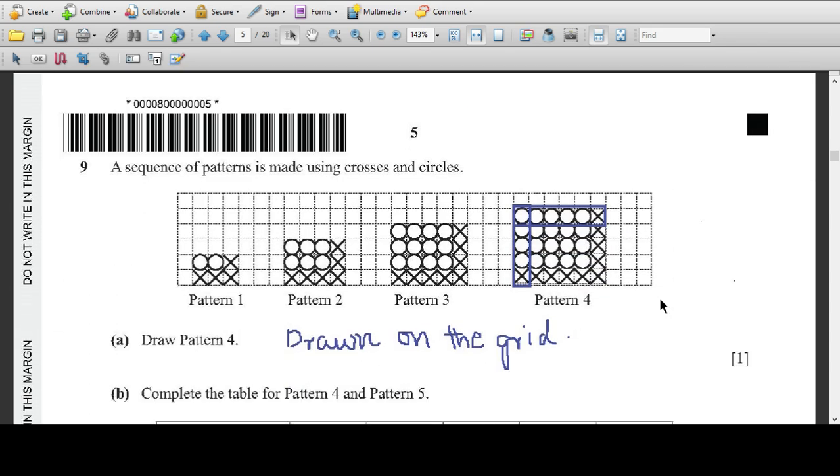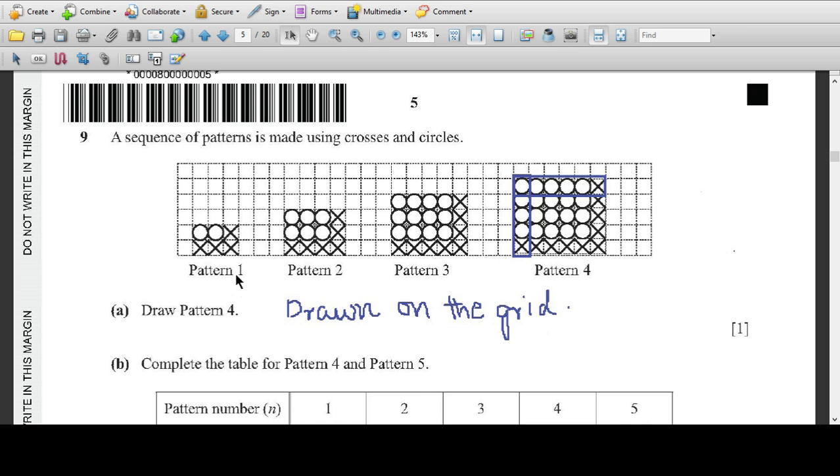Now question number 9. A sequence of patterns is made using crosses and circles. We have pattern number 1, 2, 3, and we have to obtain the 4th pattern. So draw pattern number 4. We have used this information to draw this pattern.